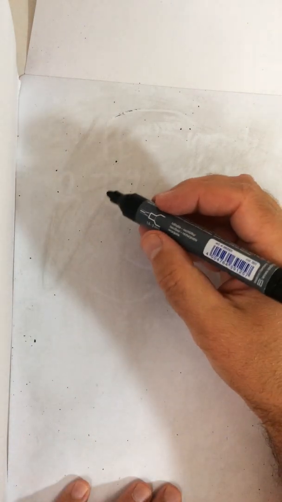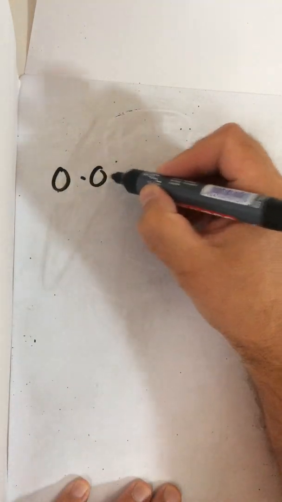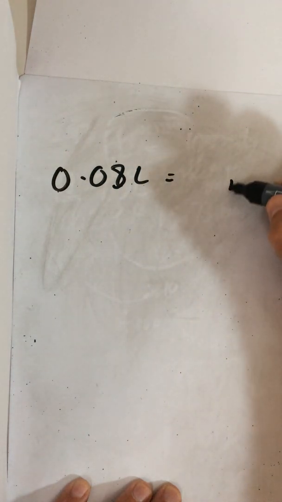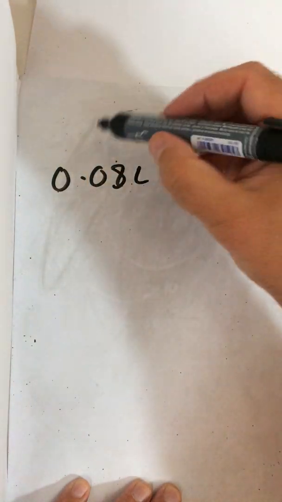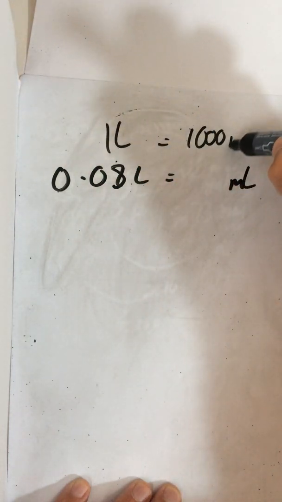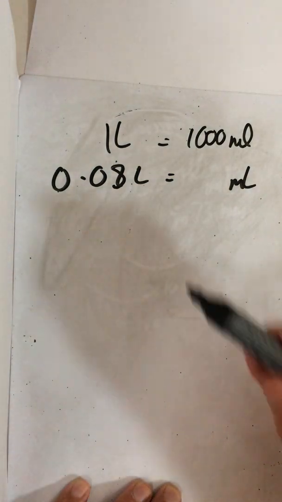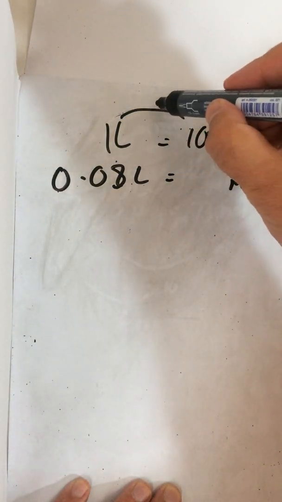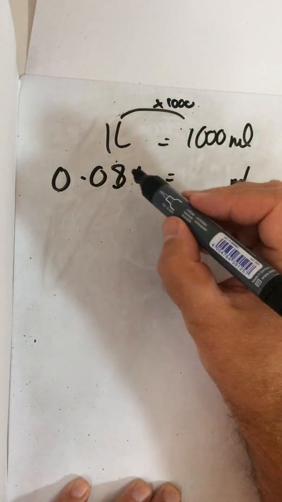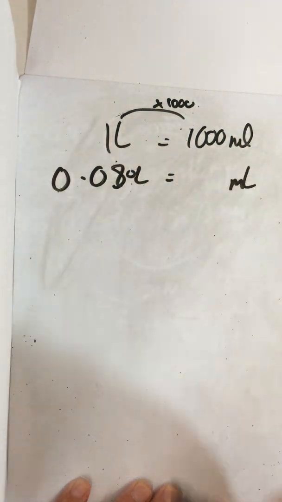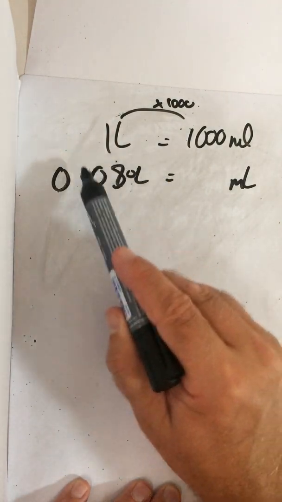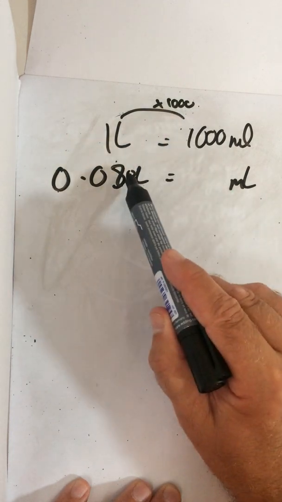0.08 litres equals how many milliliters? So again, I know that 1 litre equals 1,000 milliliters. Okay, so to get from there to there, times by 1,000. So I have to multiply this by 1,000. Remember, I can put a 0 there. So I'm timesing this by 1,000, so I'm moving the numbers 3 places because there are 3 zeros.